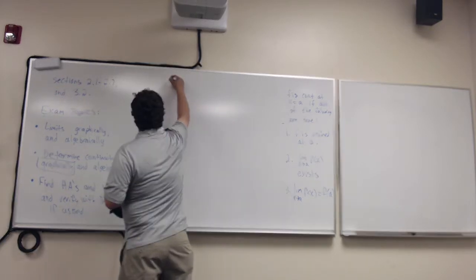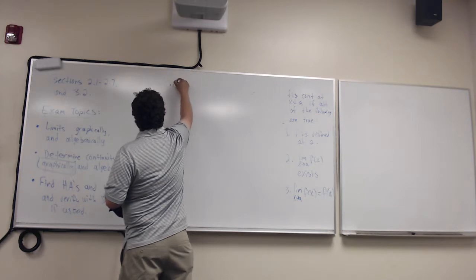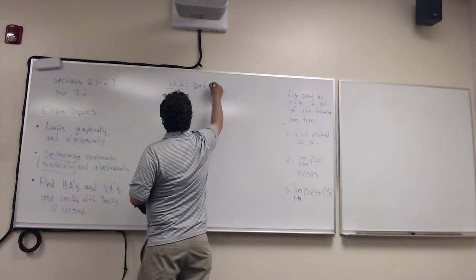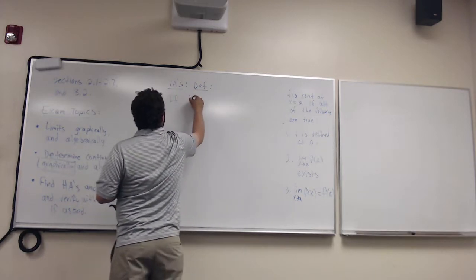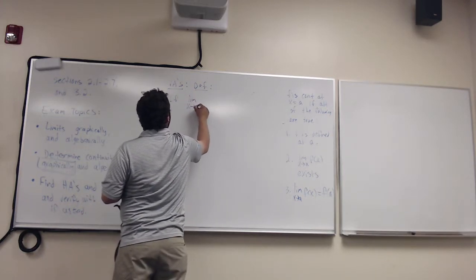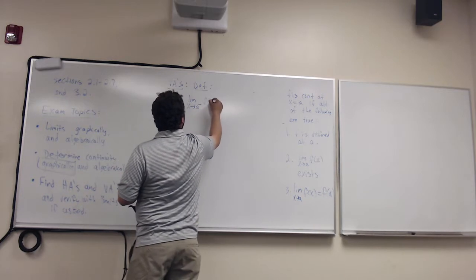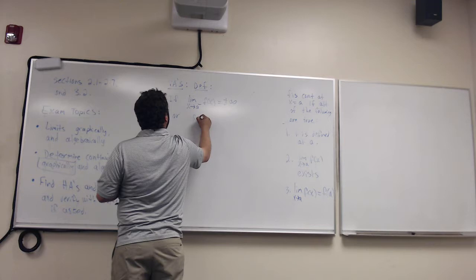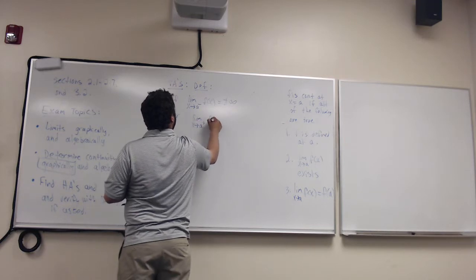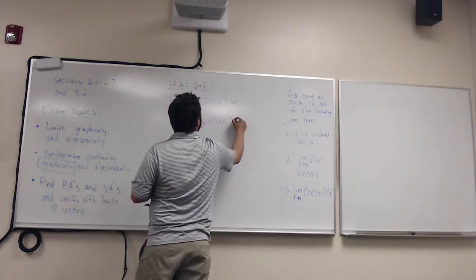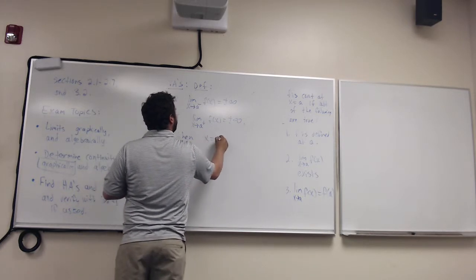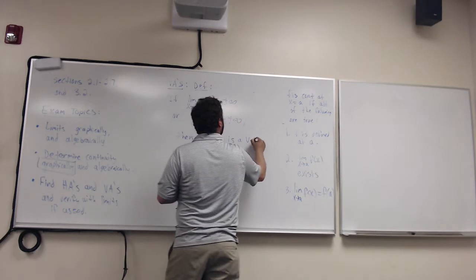So if you wanted, you'd have the definition. So vertical asymptotes, the definition is if the limit as x approaches a from the left of f of x is plus or minus infinity, or the limit as x approaches a from the right of the function is plus or minus infinity, then x equals a is a vertical asymptote.